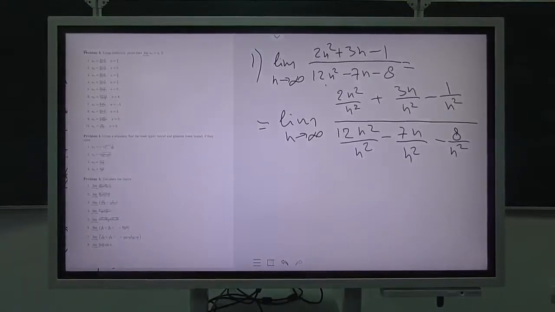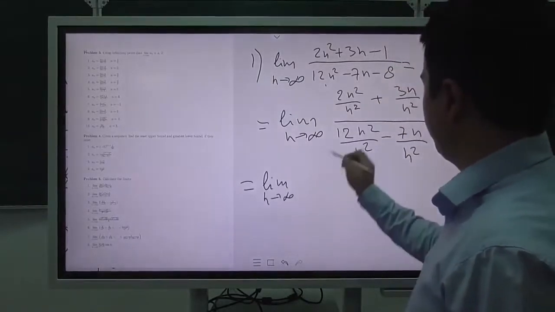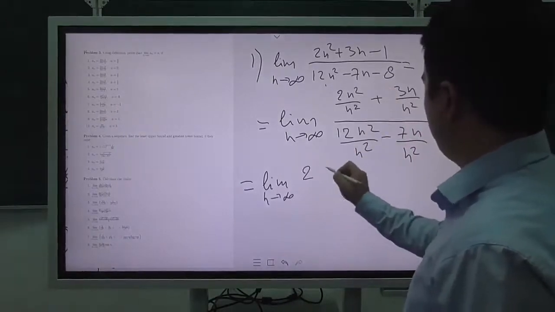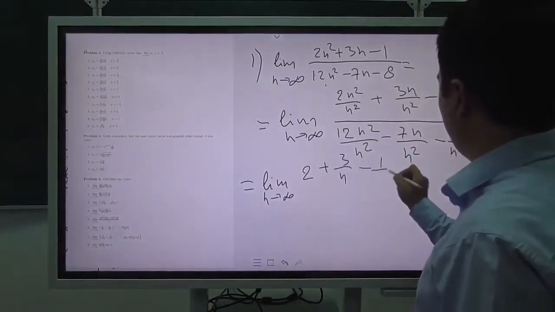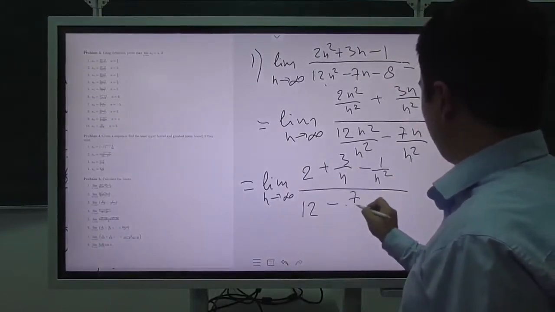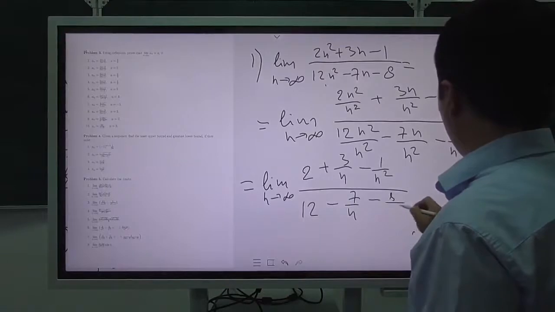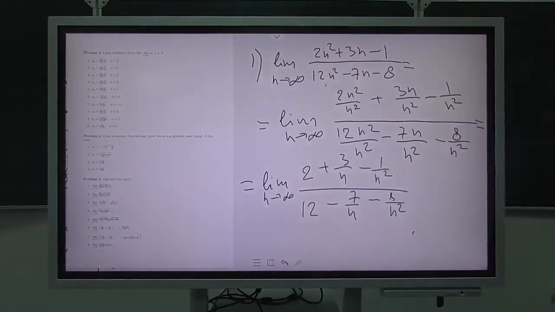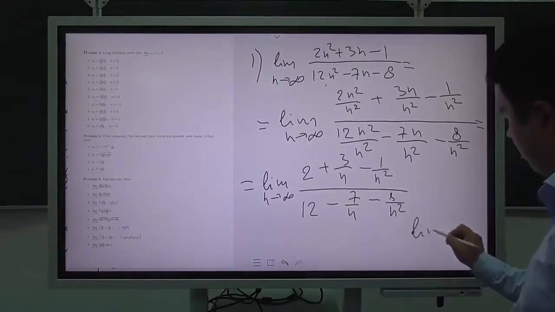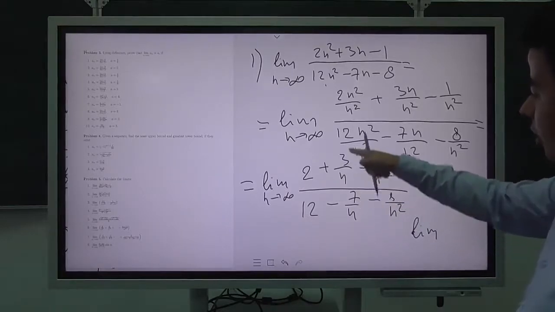So here what we have, if we continue, limit n tends to infinity, 2 plus 3 over n minus 1 over n squared over 12 minus 7 over n minus 8 over n squared. So now remember, n tends to infinity. It means it is 3 over infinity.